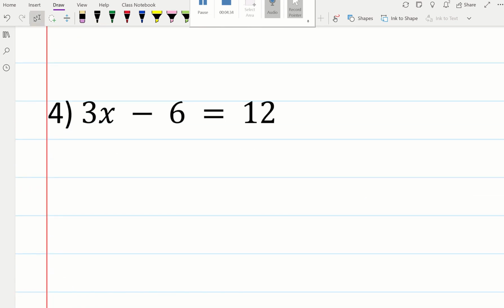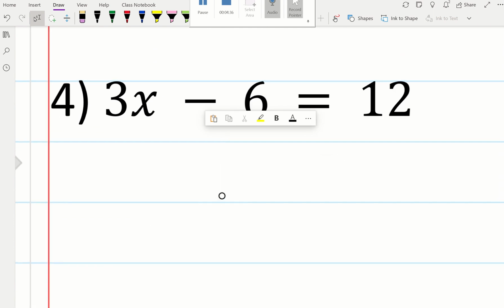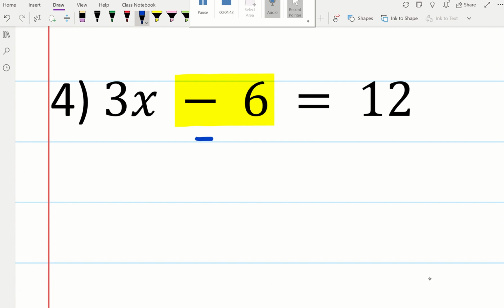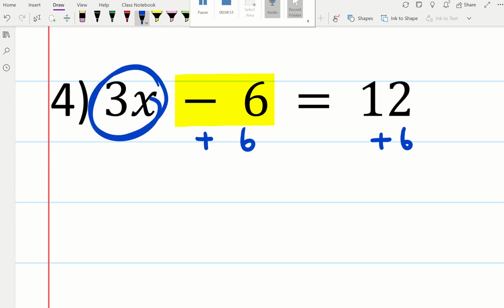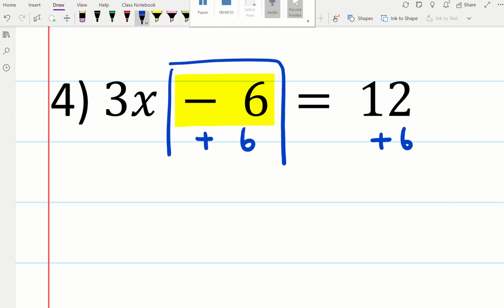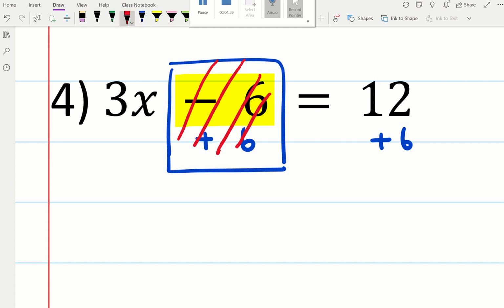And again, in a similar way, I am going to do this question, and this is a -6. So the opposite of -6 is +6, and I add the +6 both sides of the equal sign. Not here. You cannot add +6 to 3x. So -6 + 6 is gone.